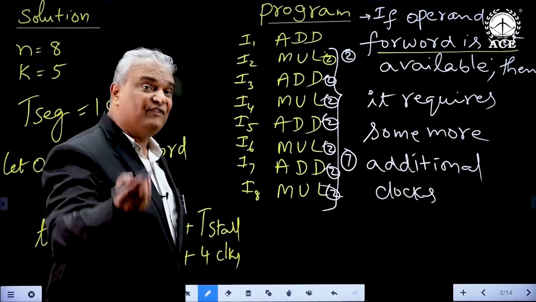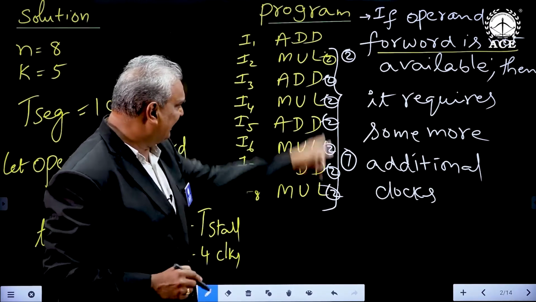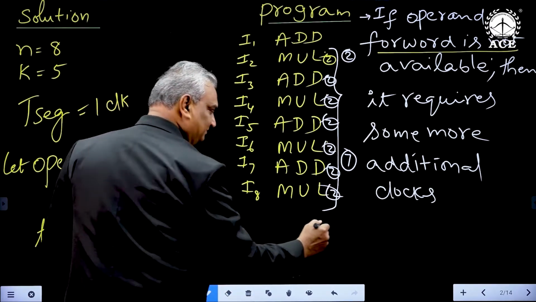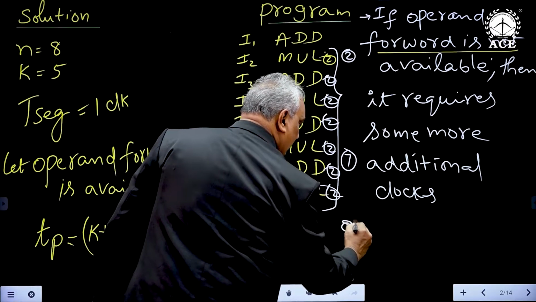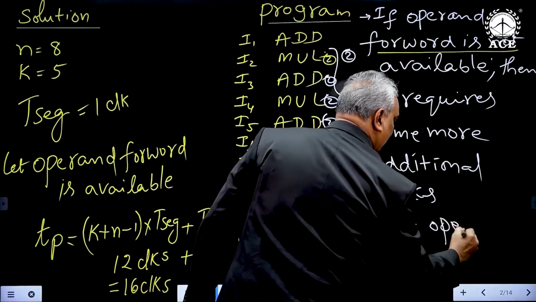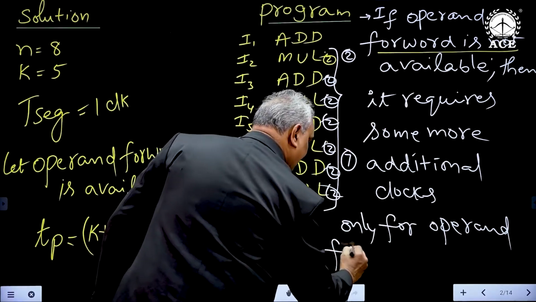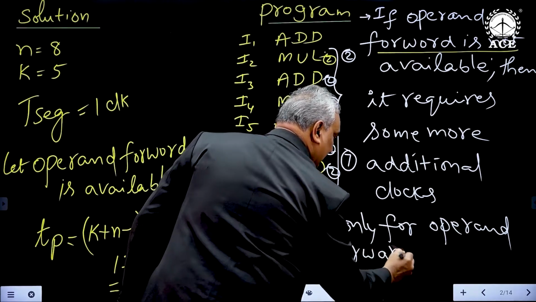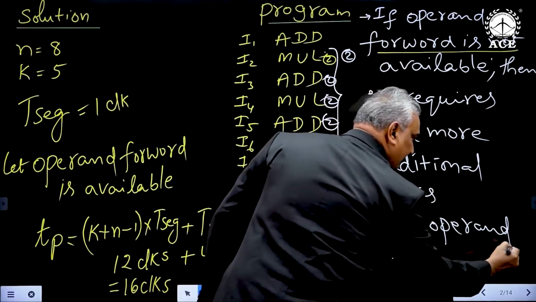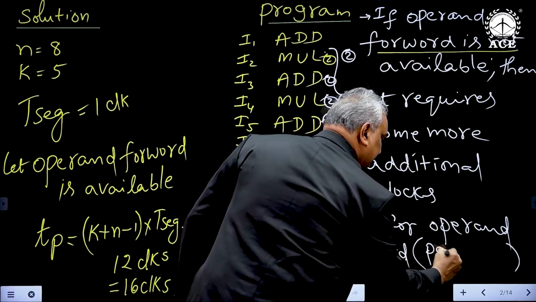Means only for operand forwarding, we require 14 clocks. Observe this. Only for operand forward. In general, what is the general meaning? Partial result.